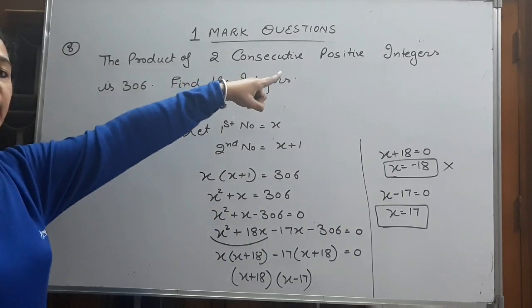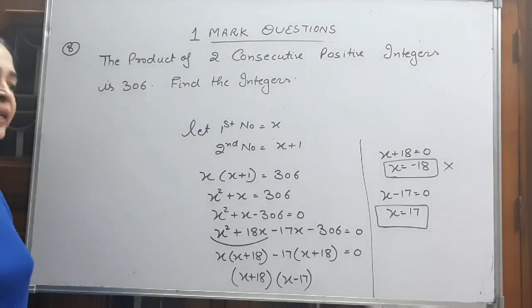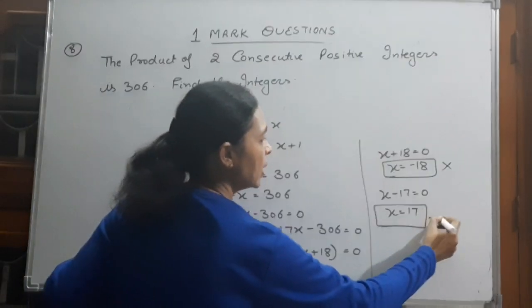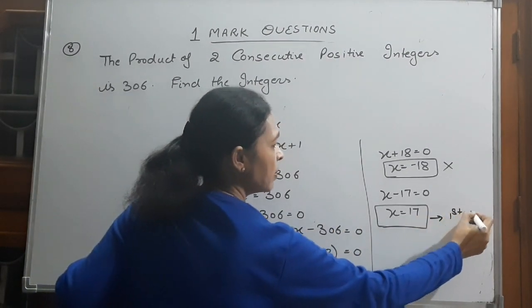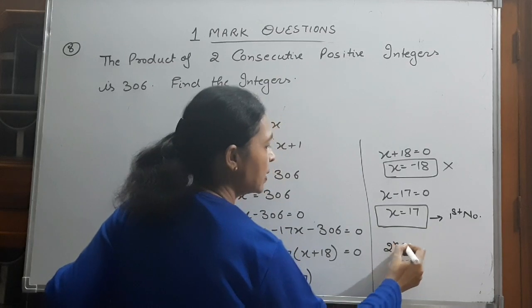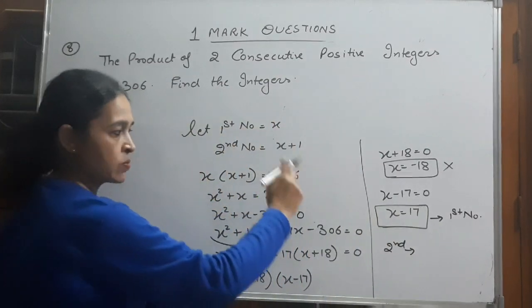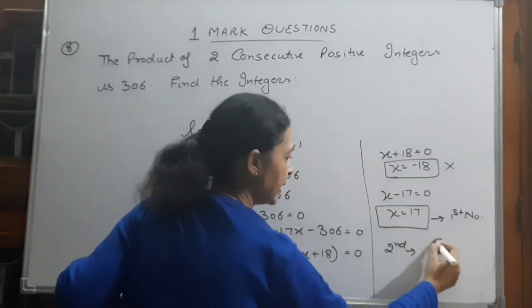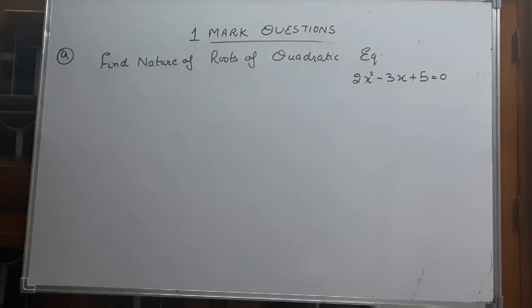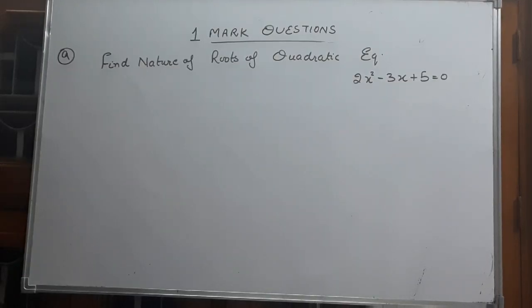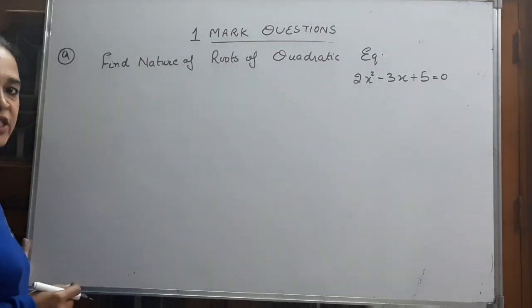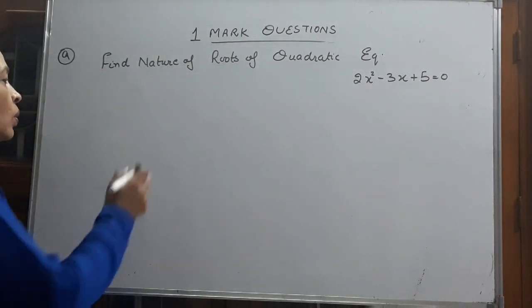Why? Because we have positive integers and minus 18 is a negative integer. Therefore, 17 is our first number and what will be our second number? The second number will be x plus 1, the consecutive number 18. Clear?